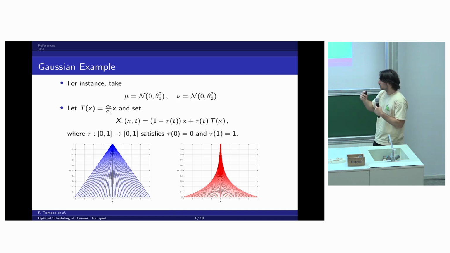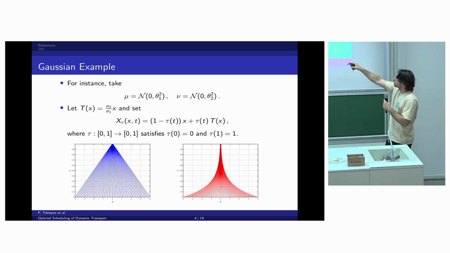The way to think of this is to look at the particle that starts at time 0 at position -4, the bottom left corner. If you look at where this particle has gone at time 0.5, then on the left, it has traveled a lot less towards its final destination than on the right. Because I'm mapping this larger Gaussian to this tighter Gaussian, all of the particles are moving towards the origin, right? On the right, faster at the beginning, slower at the end. On the left, constant rate.